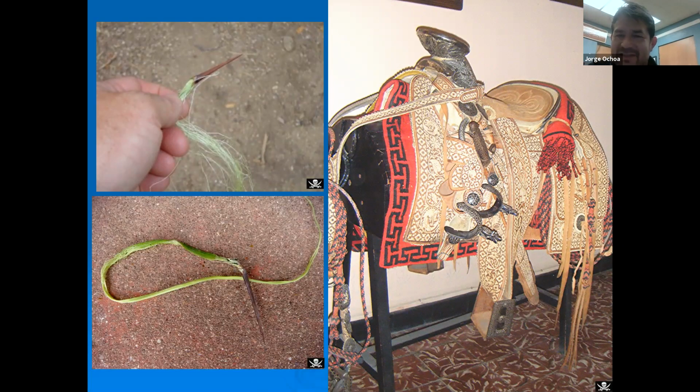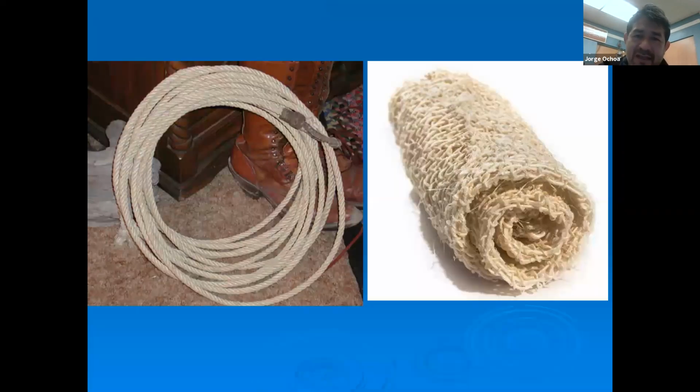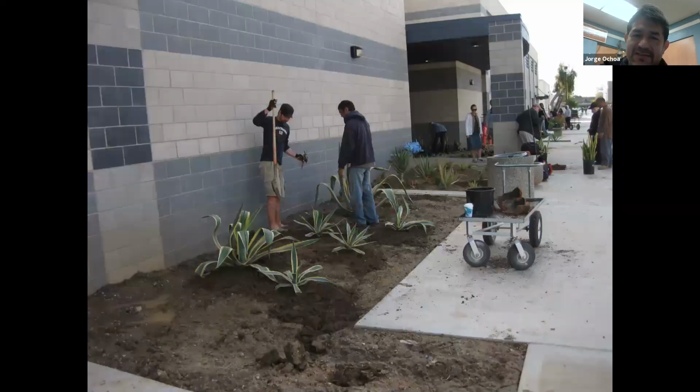And now pita is something that is very, very expensive. Shoes or belts or wallets with pita go for a very high price. But it was the rope that eventually became important for building things, and mats, and a bunch of other things, fishing nets.